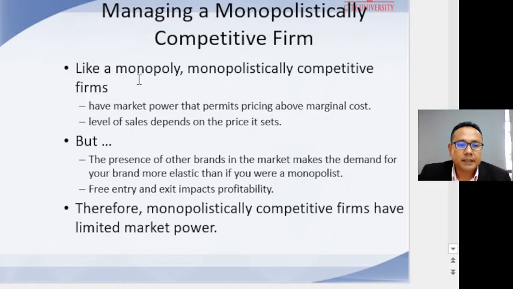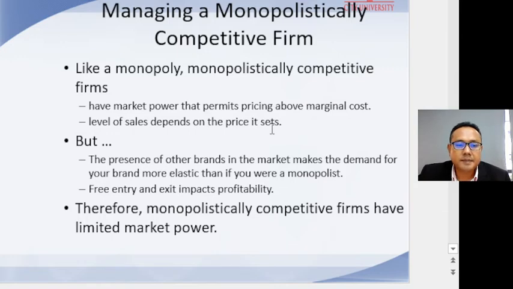That is one characteristic: it has market power that permits pricing above marginal cost, and the level of sales depends on the price it sets.